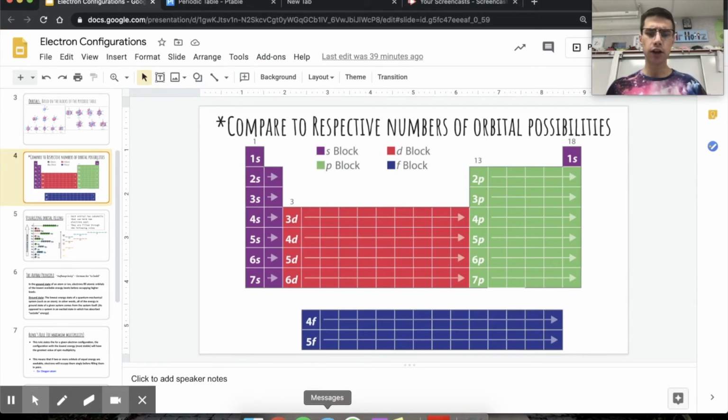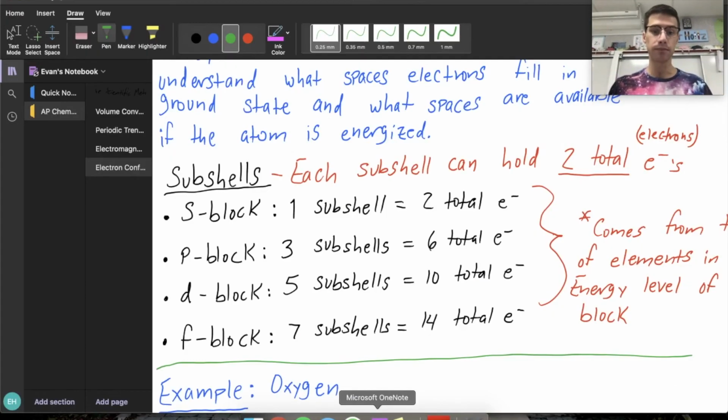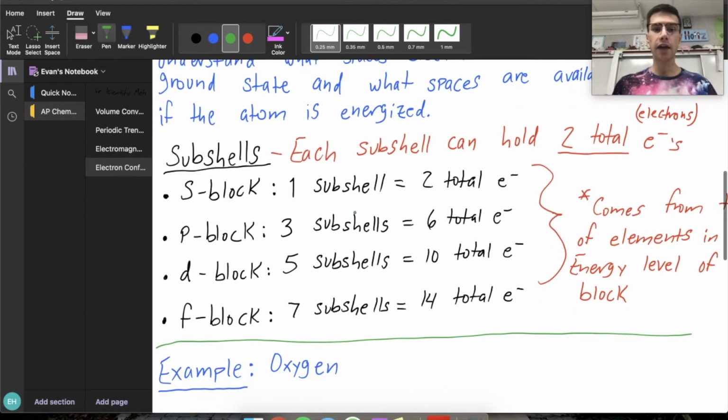So let's take a look at where these electrons can actually go once we start figuring out how to write down electron configurations and represent where electrons actually are, or which spaces or spots they're filling up. Okay, so when we're looking at these subshells within the different blocks on the periodic table, one thing we need to know is that each subshell can hold a total of 2 electrons, and we'll understand why this is the case later on.